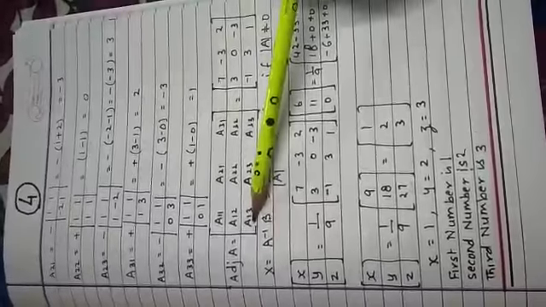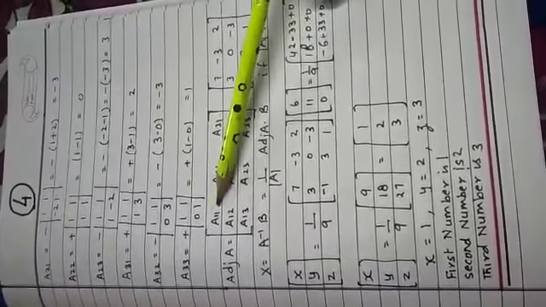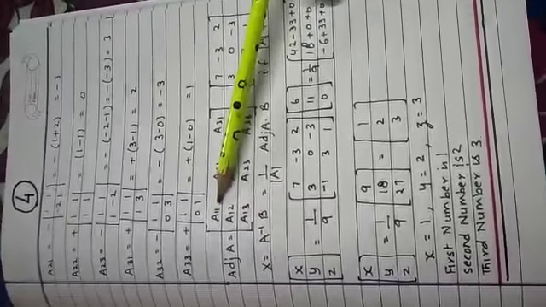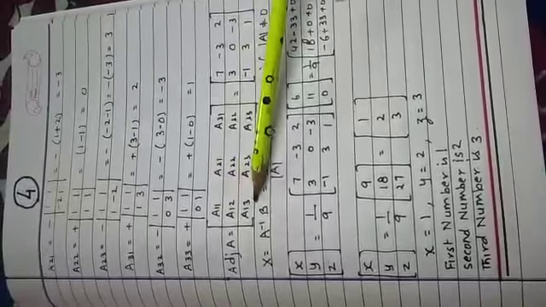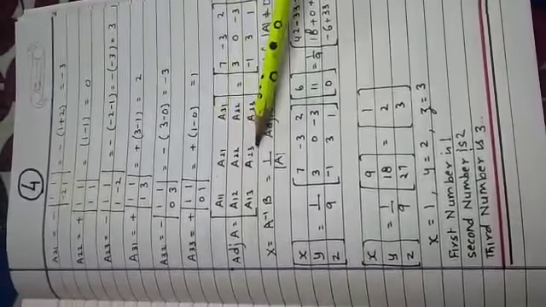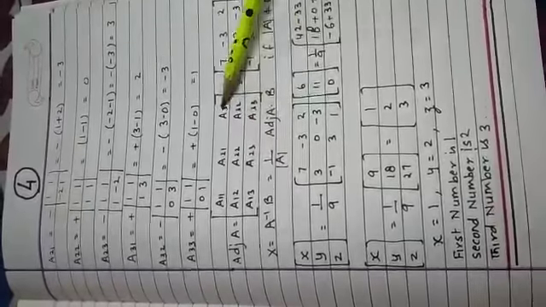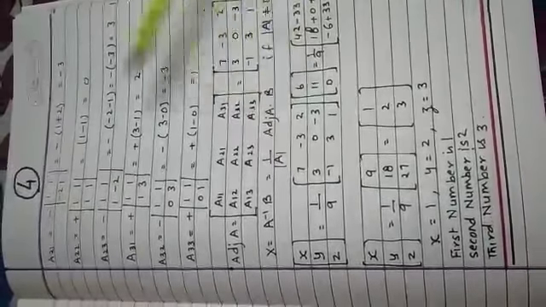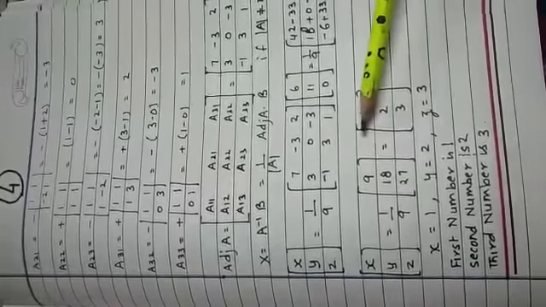And what is adjoint A? This is the trick method. Straight away write A11, A12, A13, A21, A22, A23, A31, A32, A33, just in the same pattern as we have written.